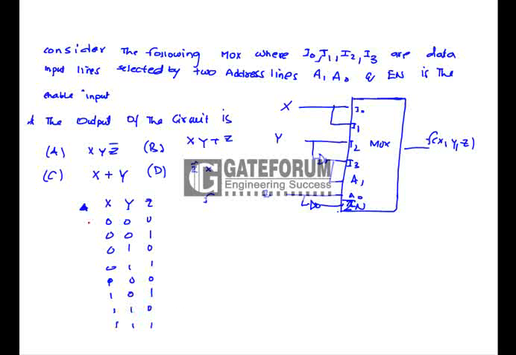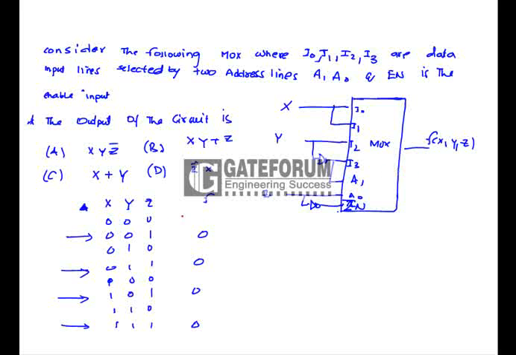For this particular input combination, it's not going to work. The function is going to be 0 whenever Z is 1. If Z is 1, enable is disabled, so the multiplexer is not going to do its function, so F is 0.